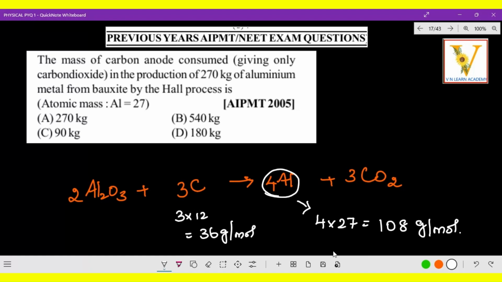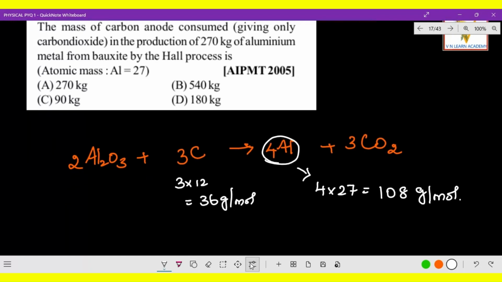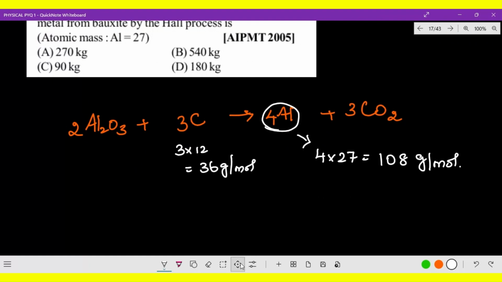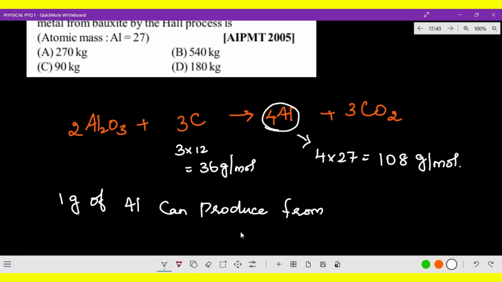So that means here 270 kg of aluminium needs how much mass of carbon? That is the only question. I hope you got the clarity. Come on, let me write this point for you. 1 gram of aluminium requires this mass of carbon.